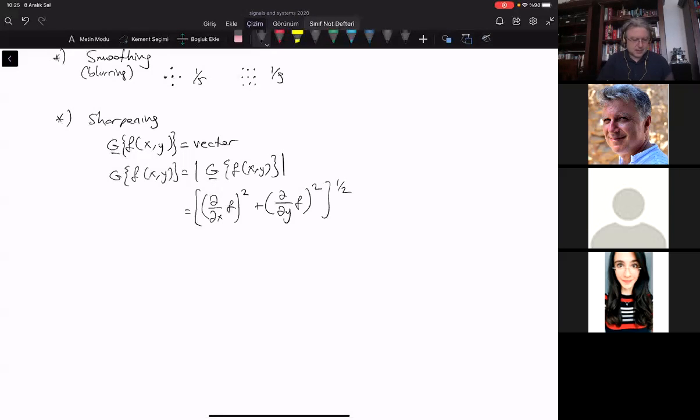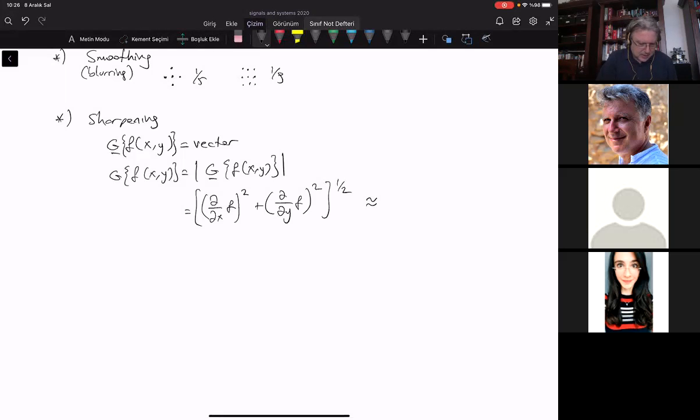This is the natural way of finding the magnitude of the gradient, but it's too difficult to take magnitudes and things like squares and then square roots, etc. They are computationally difficult. So let's try to estimate them even further.